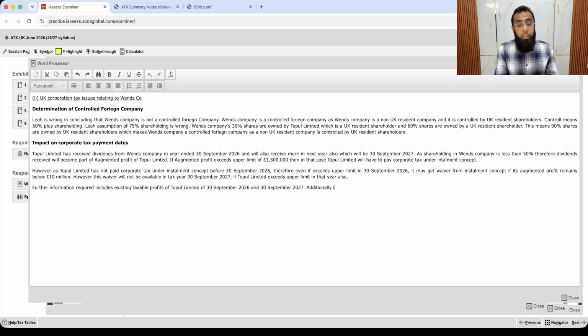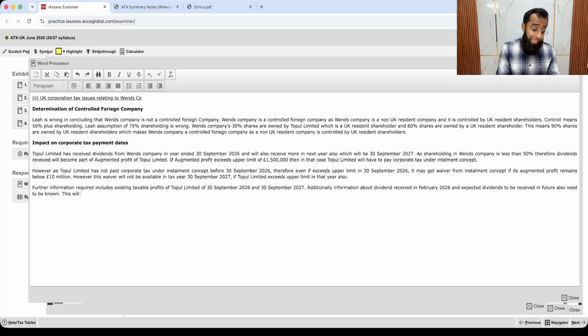Additionally, information about the dividend received in February 2026 and expected dividends to be received in future also needs to be known.